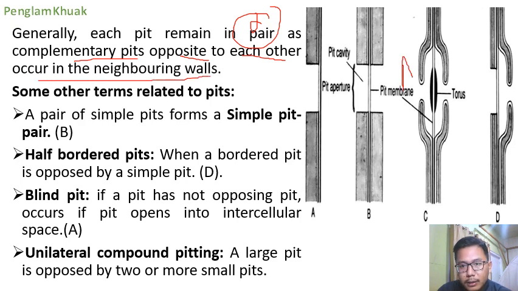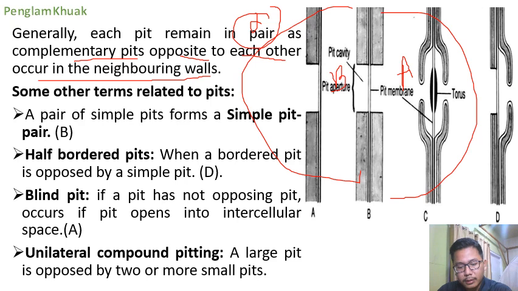Let's assume this is cell A and this is cell B. Here this will be the cell wall, and here this will be the middle lamella or some portion of primary wall, and this will be the secondary wall, and this will be the secondary wall. And here we have a pit, cell A pit and cell B pit. These two combined together form a pair. A pair of simple pits forms a simple pit pair.